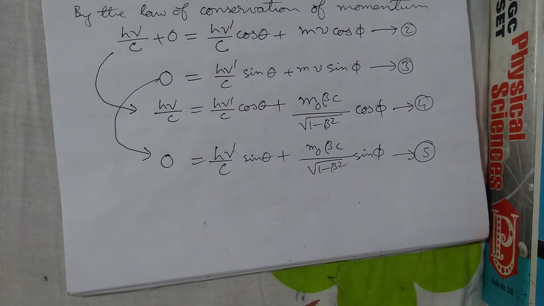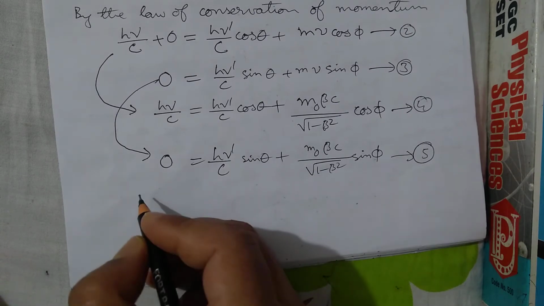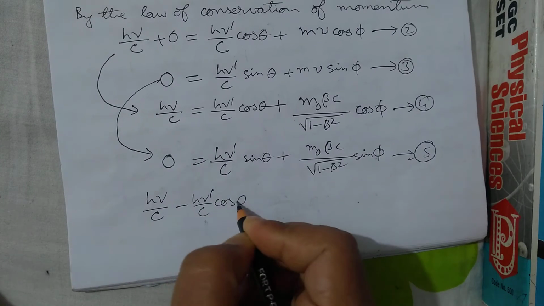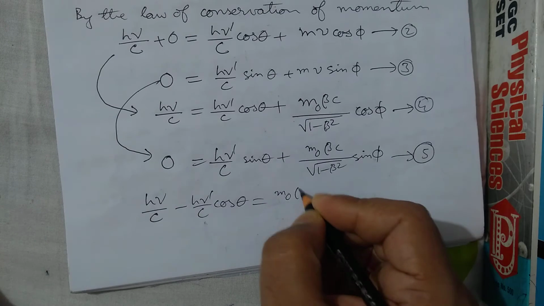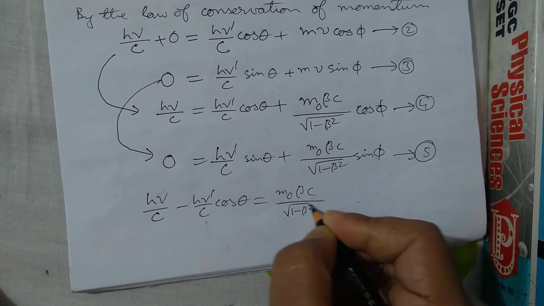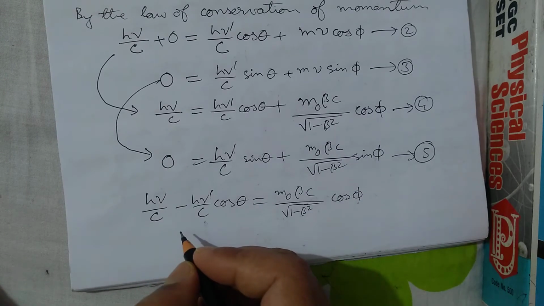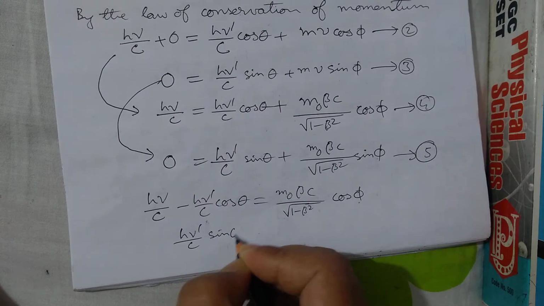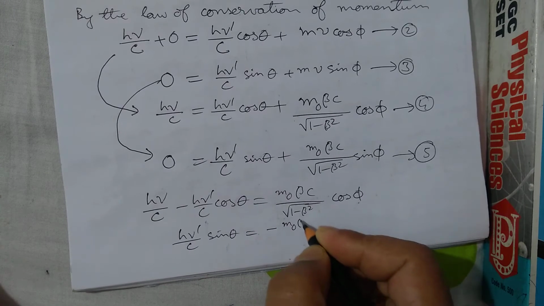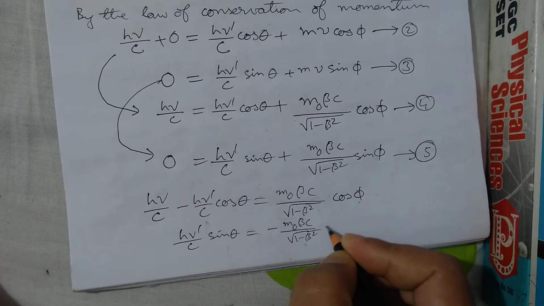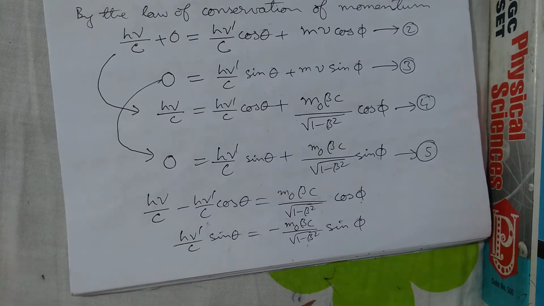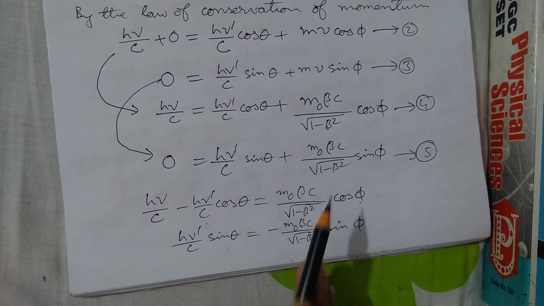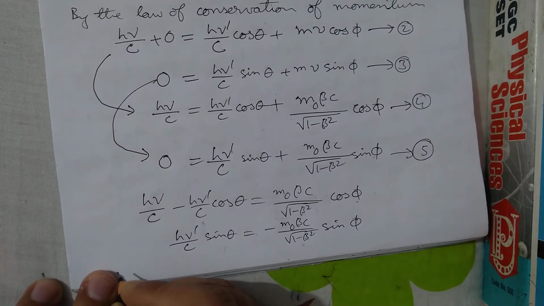What can you do now? You can write it like this: h nu by c minus h nu prime by c into cos theta is equal to m naught beta c by square root of 1 minus beta square into cos phi. And h nu prime by c into sin theta will be equal to minus m naught beta c by square root of 1 minus beta square into sin phi. Squaring and adding these two equations, what will you get?